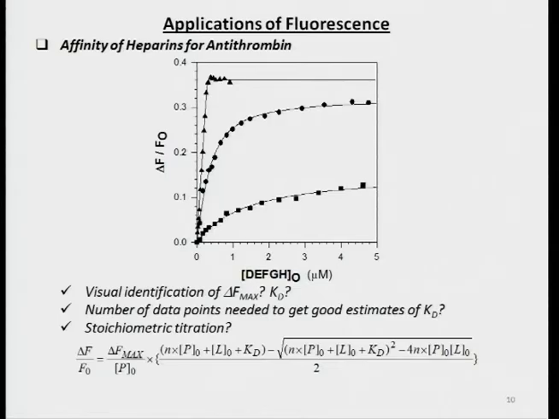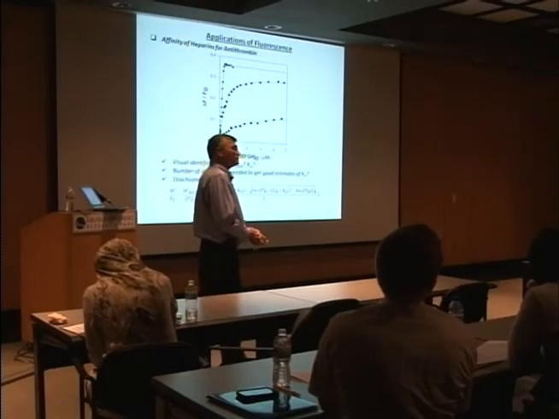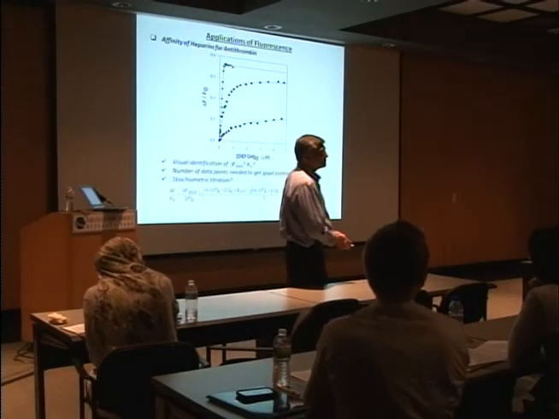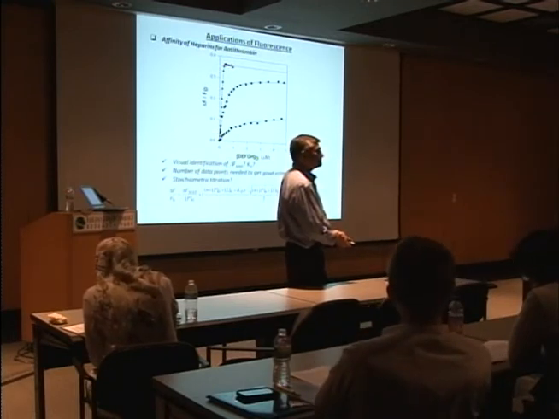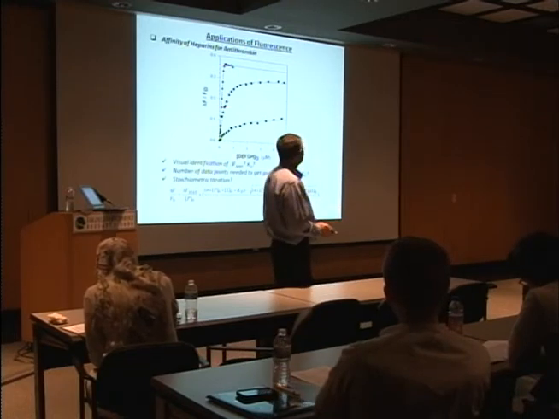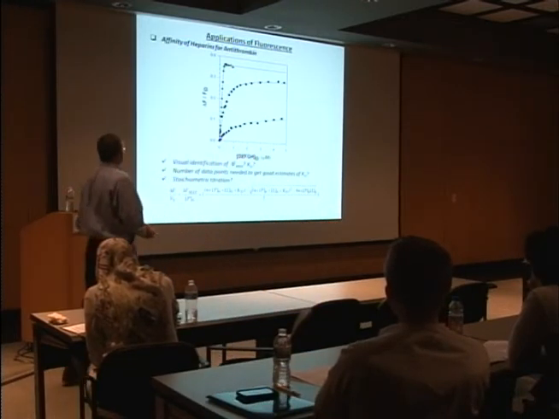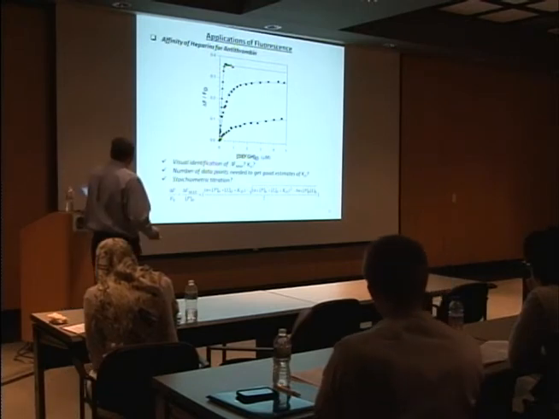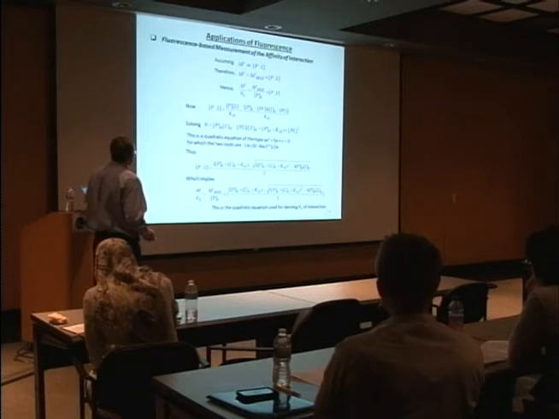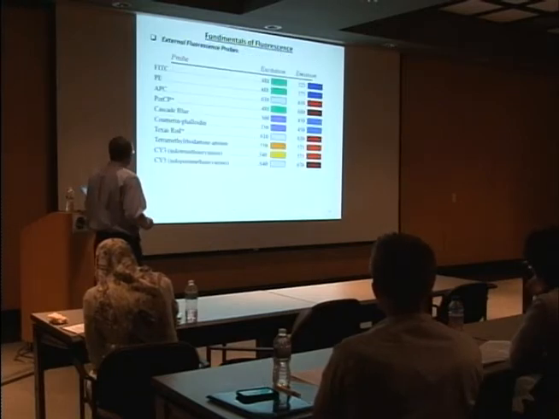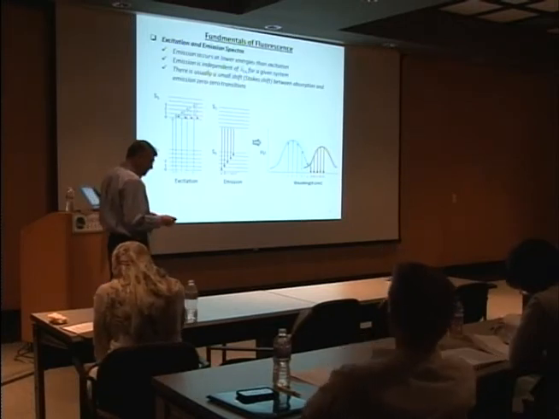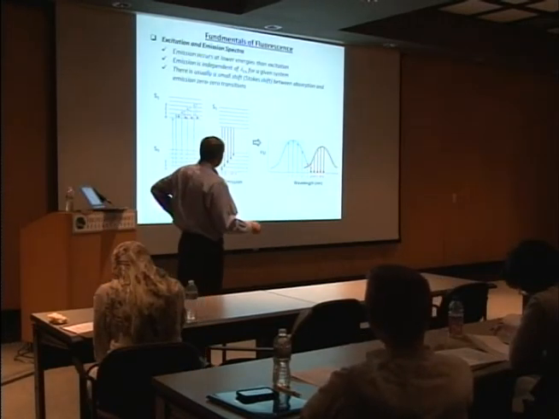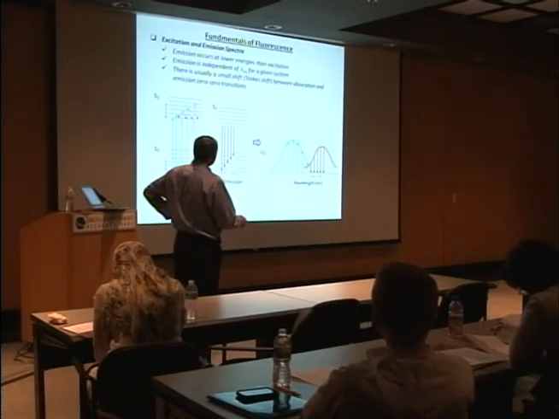So this fluorescence delta F, is it intensity or wavelength maximum? Delta F max is the fluorescence intensity at maximum. What we are doing here is the following. In fluorescence we decide on which wavelength to utilize.